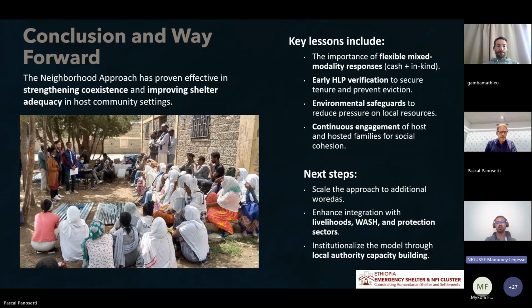Anything related to monitoring as well as relocation, for example from a nearby location, or if we are talking about households from the collective center, would happen with post-distribution monitoring as well as safety and risk mitigation measures, which will also be coordinated with CCCM actors to support the relocation initiatives.